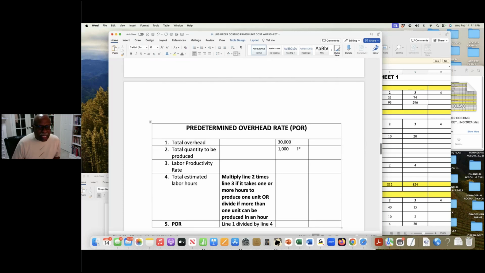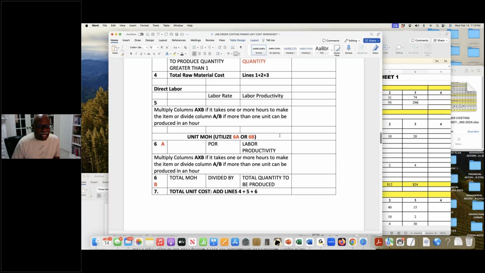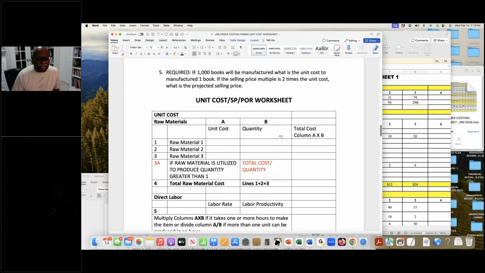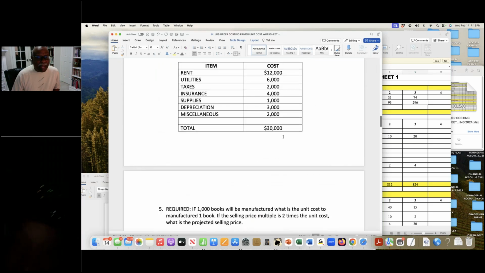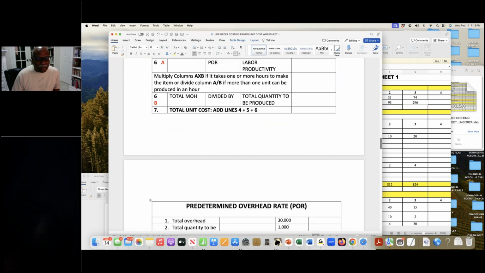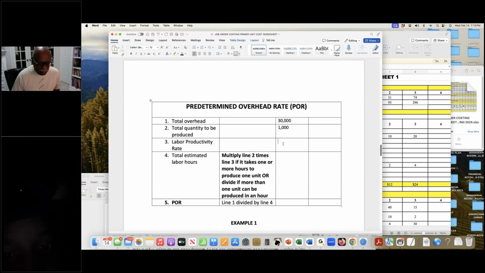The third thing is the labor productivity rate. In this problem, we said in terms of productivity, we could make 40 items in an hour.